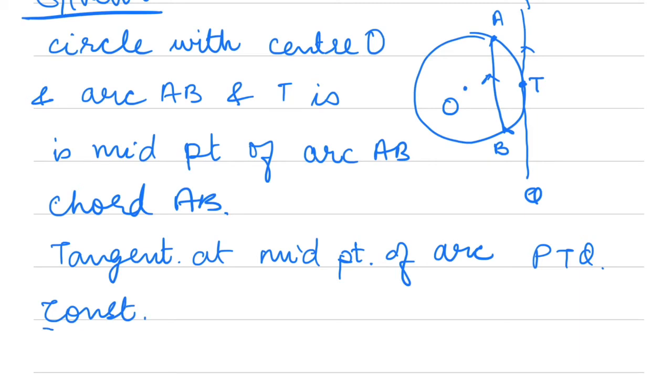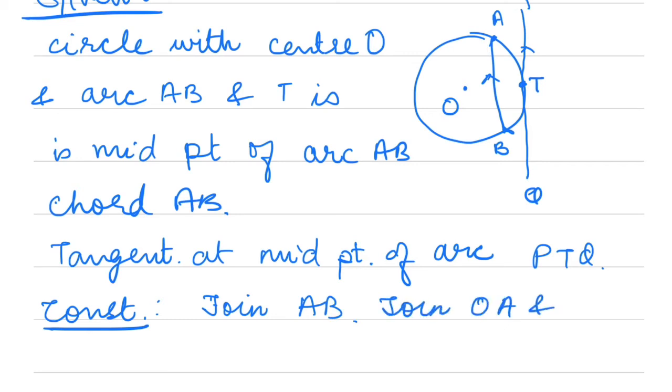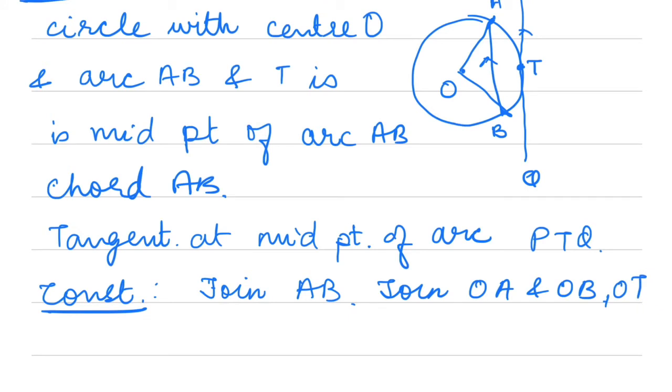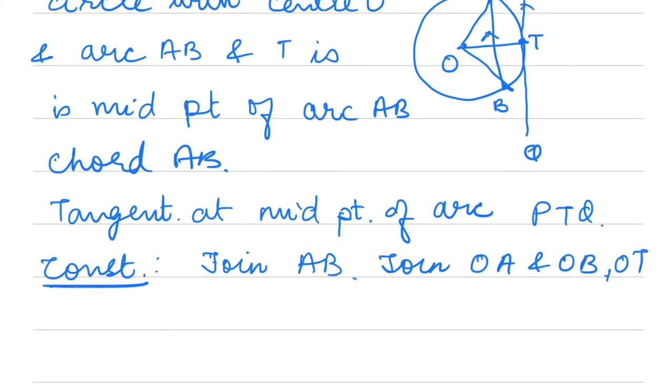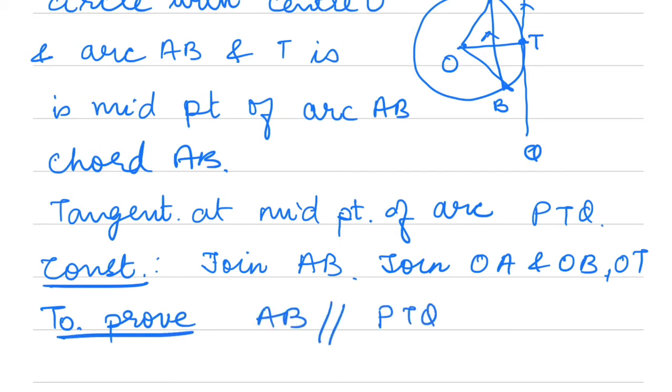Construction, we know we had to join AB, OA and OB. So we have this and OT. So let's join this. Okay, and we have to prove that AB is parallel to PTQ, the line PQ.